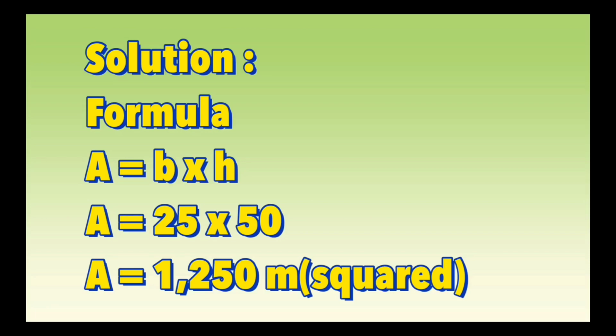From the problem, the given base is 50 meters and the height is 25 meters. And then we have to multiply 25 times 50, so the area now is 1,250 square meters.